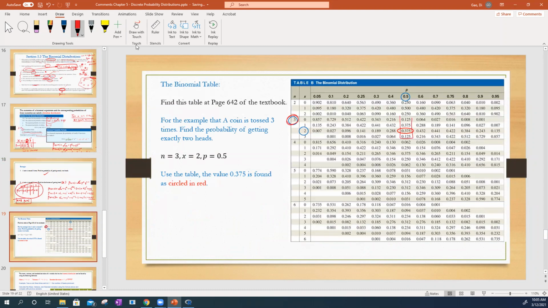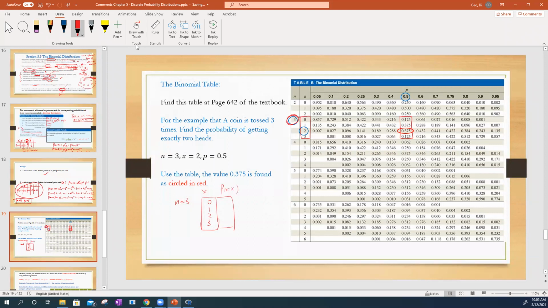So this is the probability distribution. When n equals 3, x can take 0, 1, 2, 3.